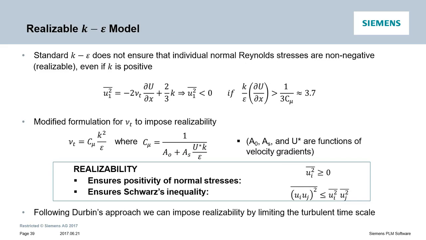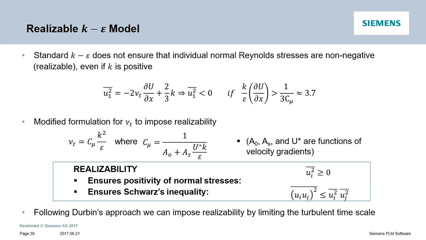Since the standard k epsilon model was tuned with reference to relatively simple equilibrium flows, we should not be surprised if it struggles with non-equilibrium flows, to the extent that it can permit negative normal turbulent stresses in highly strained flows.